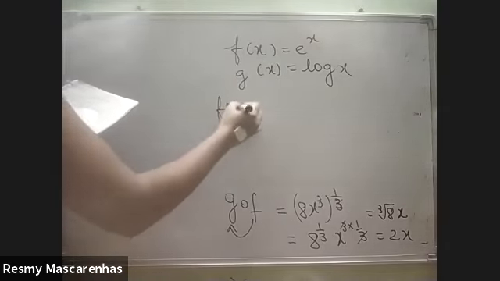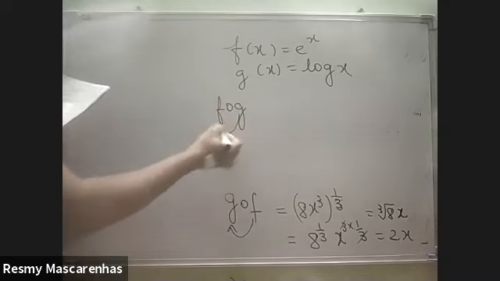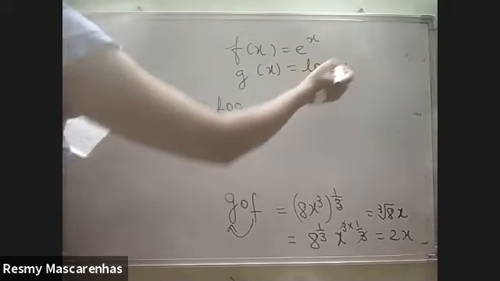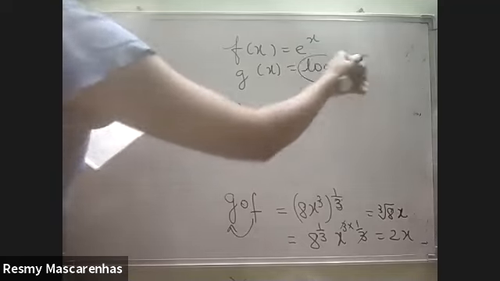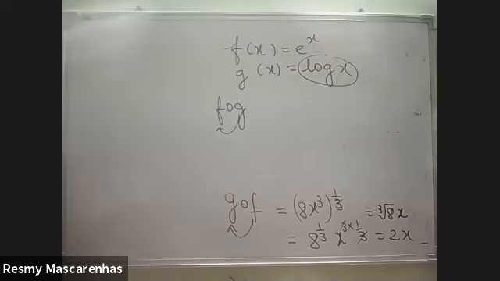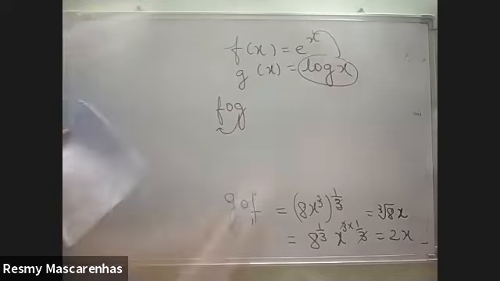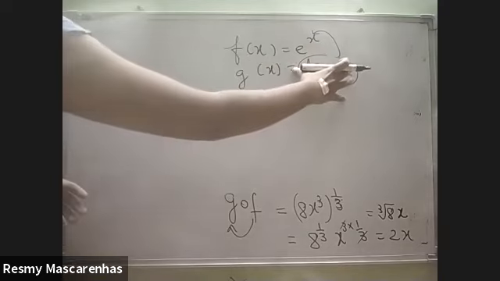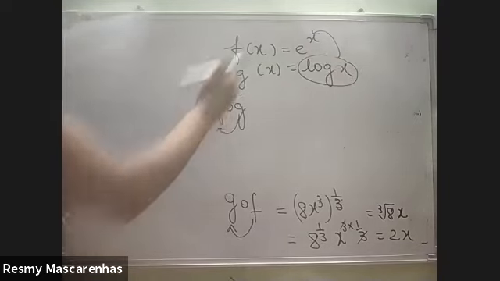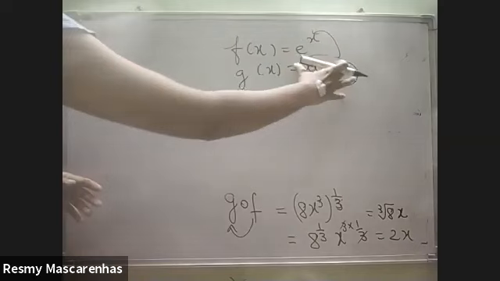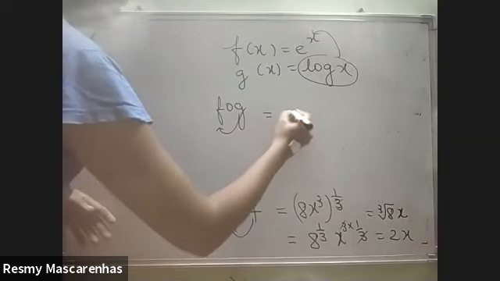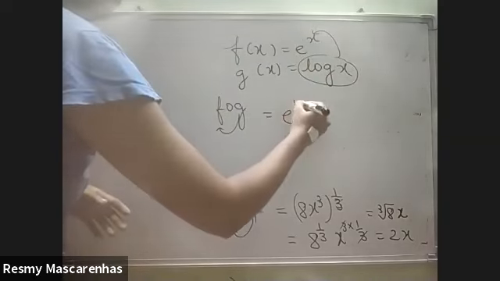So FOG means G substitute in F. So G will go wherever there is x. Whole G will go in F function, means wherever there is x, you have to put this. So instead of x, what will come?